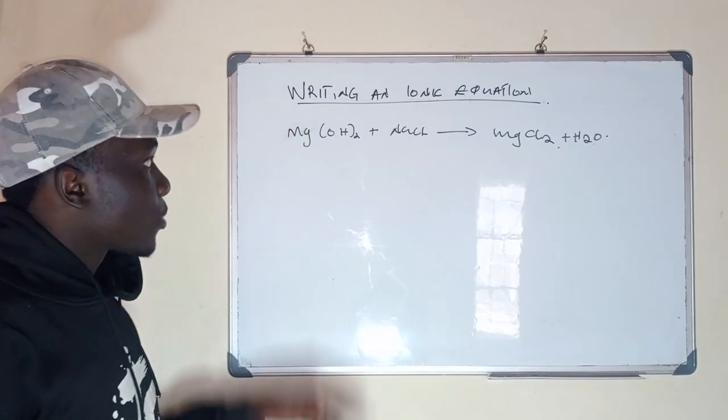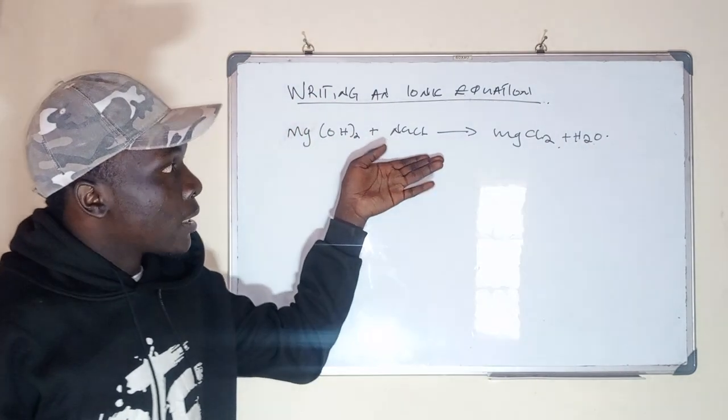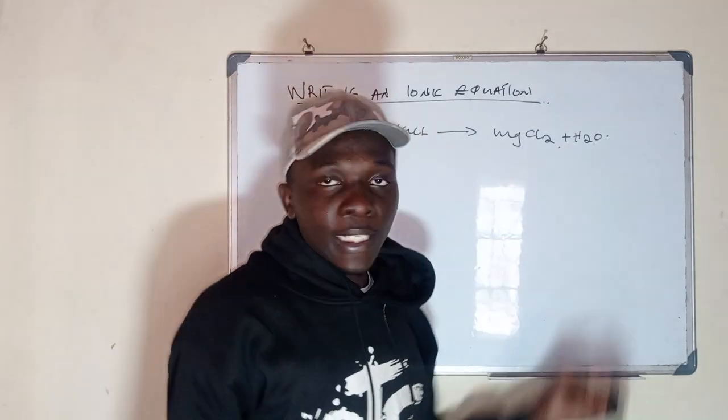So we use a reaction between magnesium hydroxide and hydrochloric acid to form magnesium chloride and water.